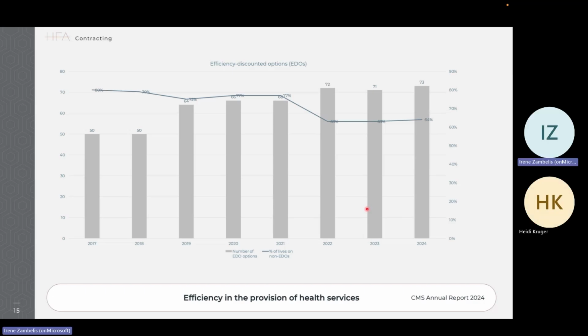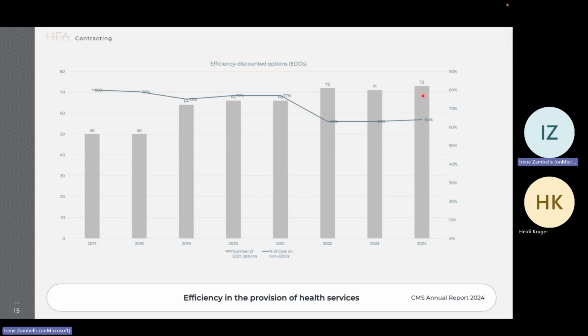And I think, Katie, this is such an important development, because what we can see on the slide, with the grey columns, is the number of EDO options. From 2017, there were 50, and by 2024, according to Council's annual report, there were 73 in total.